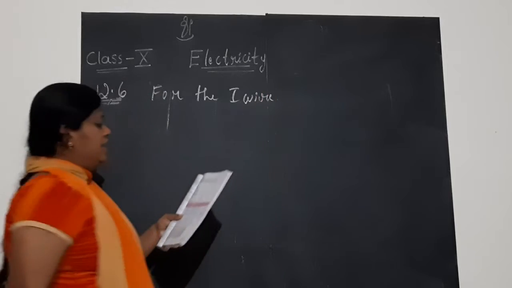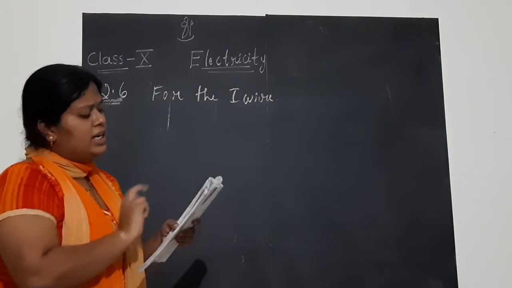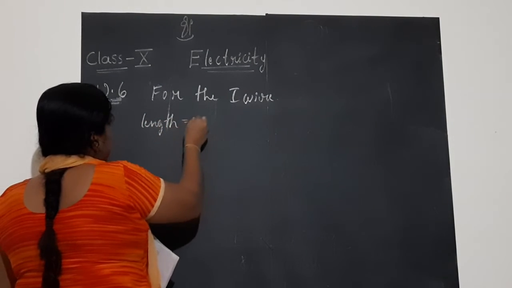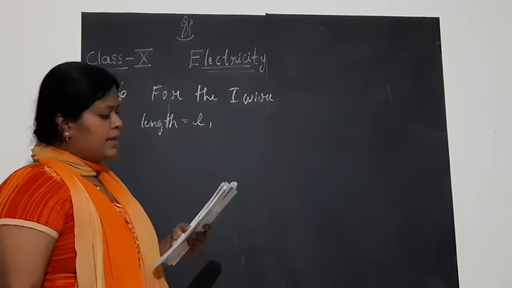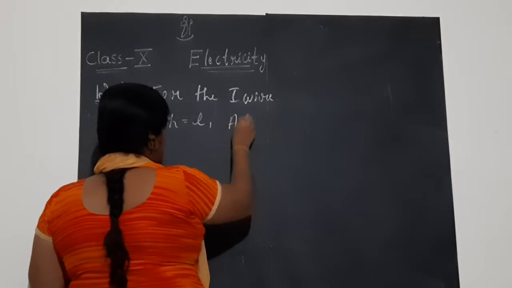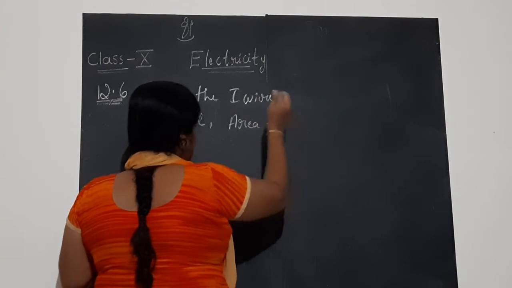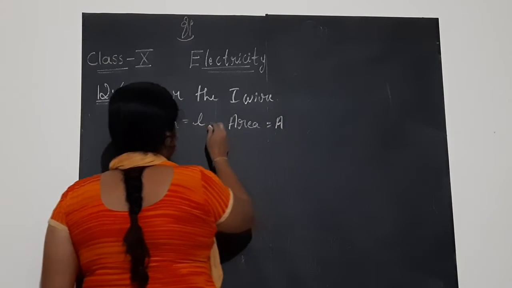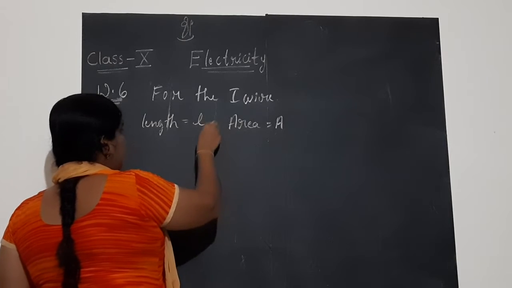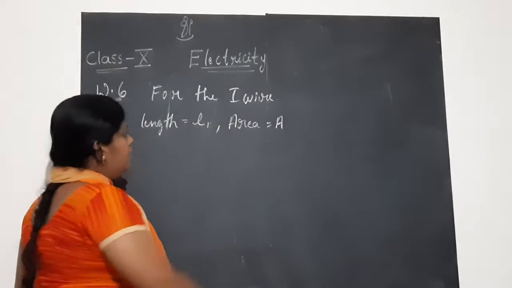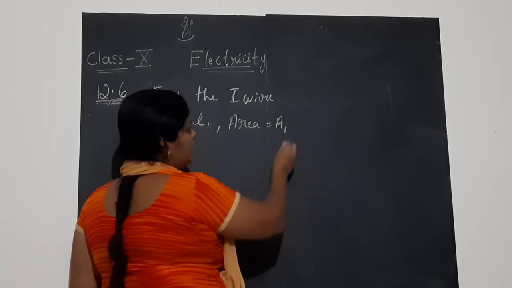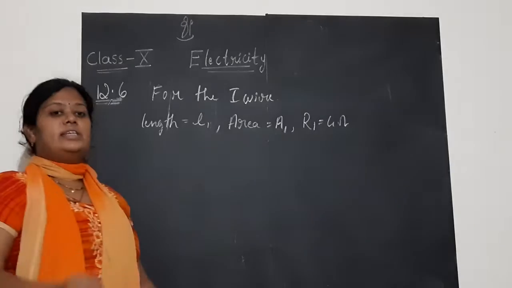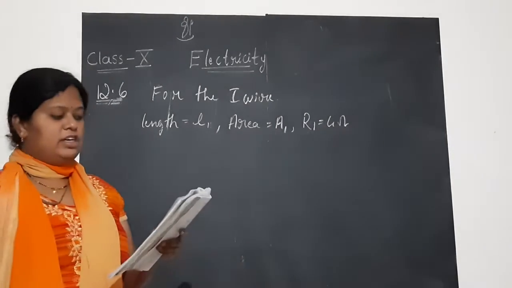let us write the given data. A wire of given material having length L. Length is just L, area of cross section is just A, and has resistance 4 ohms. So for the first wire I will take length as L1, area as A1, and resistance as R1, which is equal to 4 ohm according to the given data.